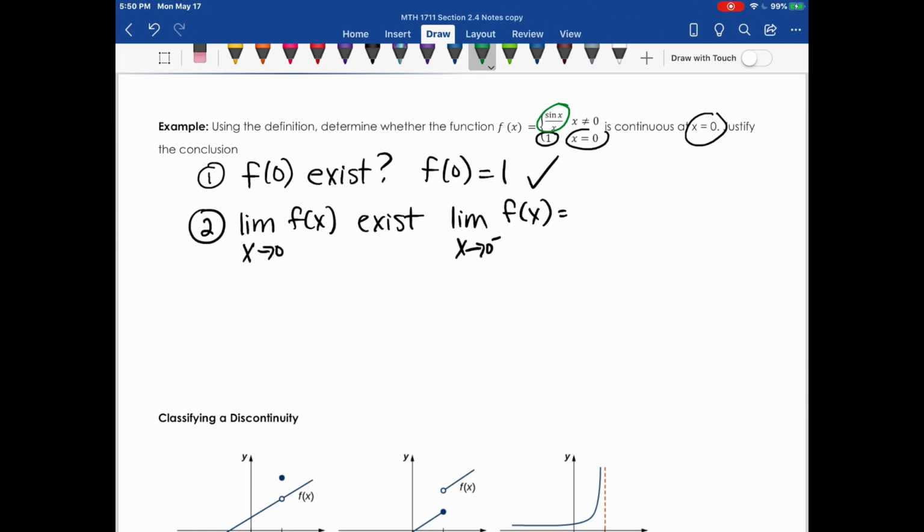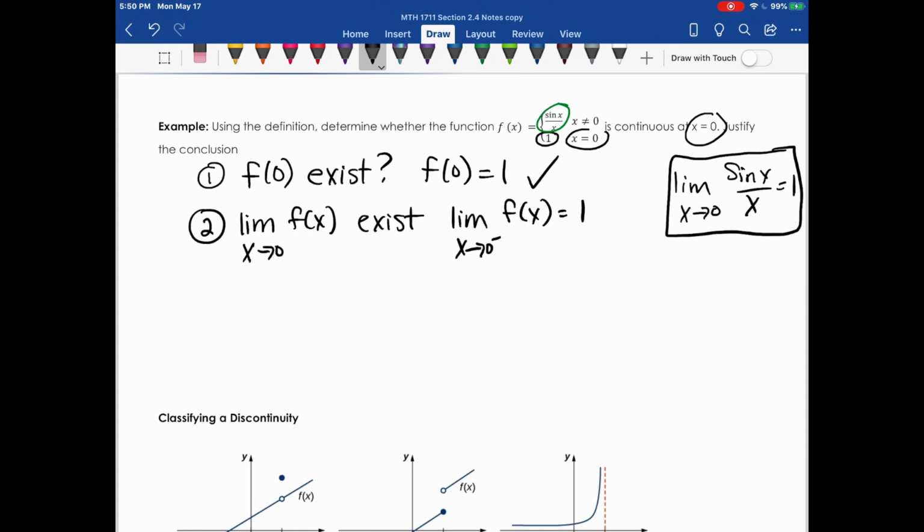So coming from the left and the right, we're going to be using the same piece, sine of x over x. So from the first lesson, we talked about this being a very famous limit. The limit as x approaches 0 of sine x over x, that's equivalent to 1. And you should keep that on your reference sheet because we'll use that quite a bit.